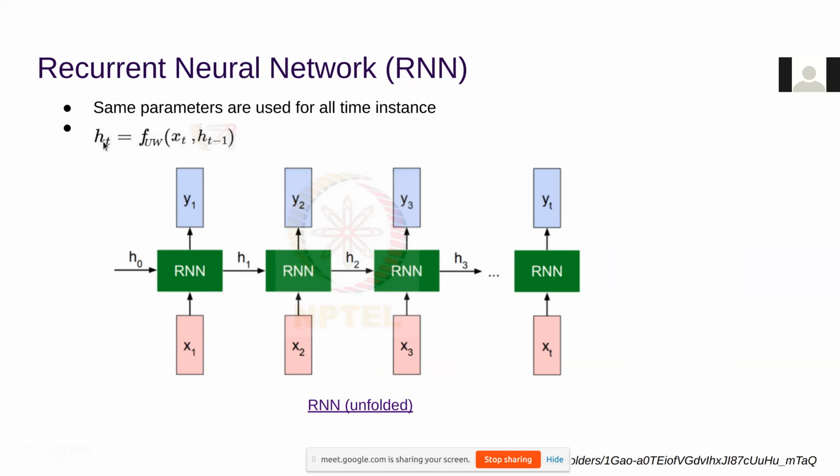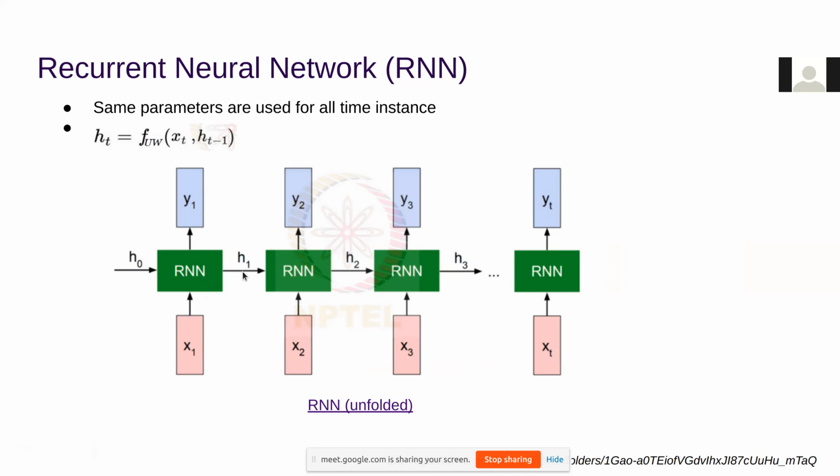So this ht is known as the hidden state of the RNN at time step t, which can be represented as a function with parameters U and W, and this function depends on the input at that time step as well as the previous hidden state information.